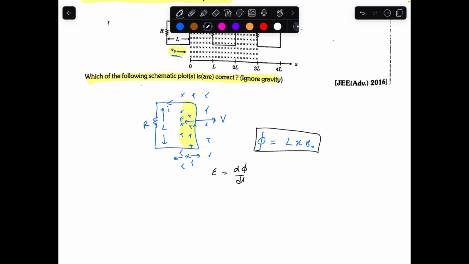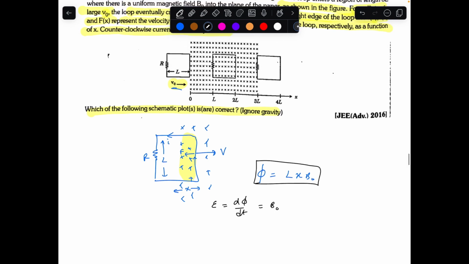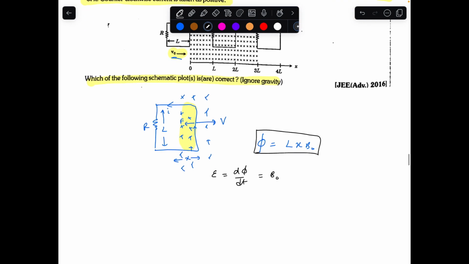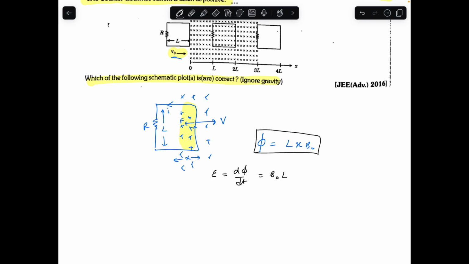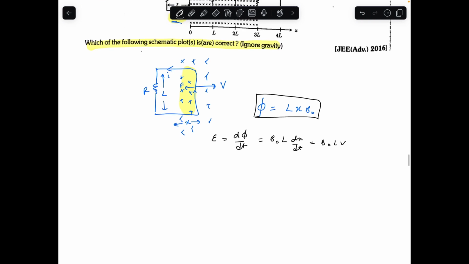E equal to d phi by dt. So it can be written as B naught, the magnetic field is B naught, times L dx by dt, which is B naught L V.